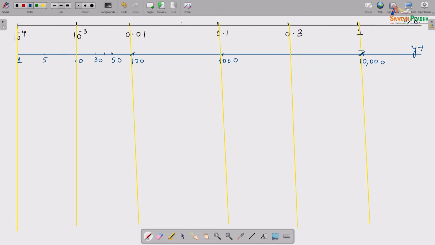That's the point we're looking at. This is the 10, I can overwrite it. So this is the point that I'm looking at.